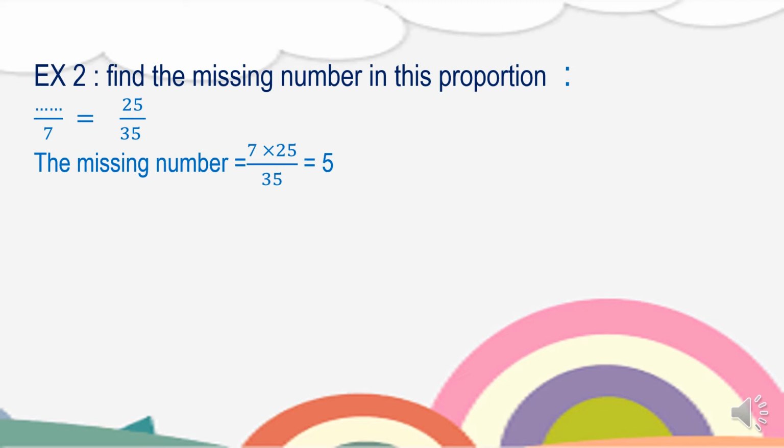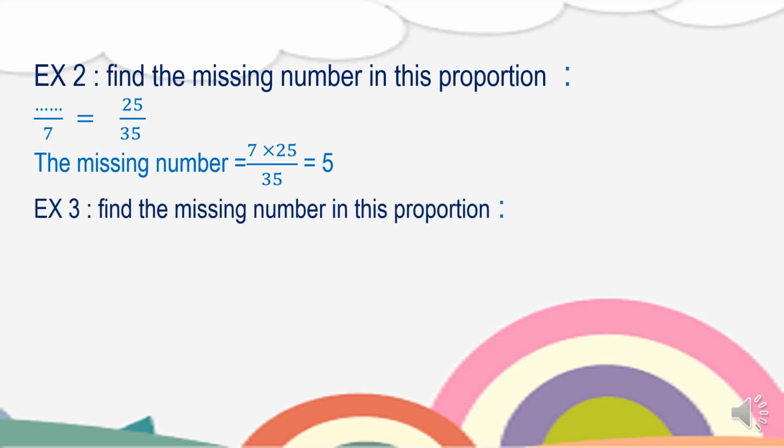The missing number equals what? I have all the means, so I multiply the means 7 times 25 and divide by the only extreme I have, 35. So 7 times 25 over 35 equals 5.